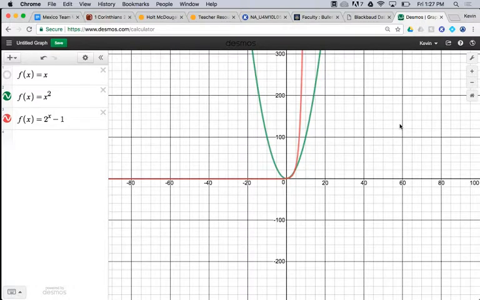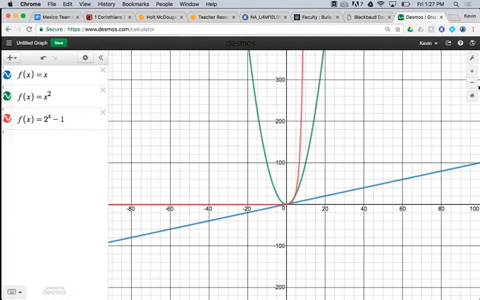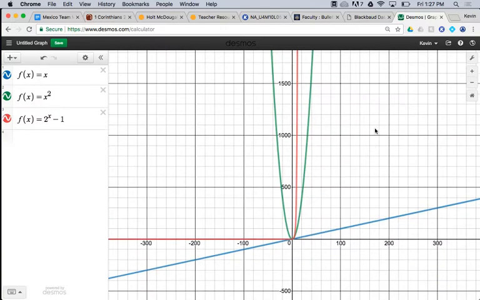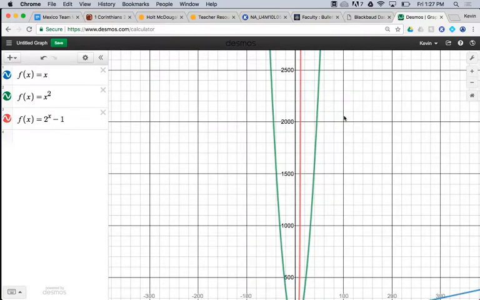You see that? So if I put my linear function back on there, here's my linear function. Obviously, it grows much slower than our quadratic, but then our quadratic function grows much slower than our exponential in the long run. So that's just a comparison of exponential, quadratic, and linear functions and how they look. Is that pretty clear?